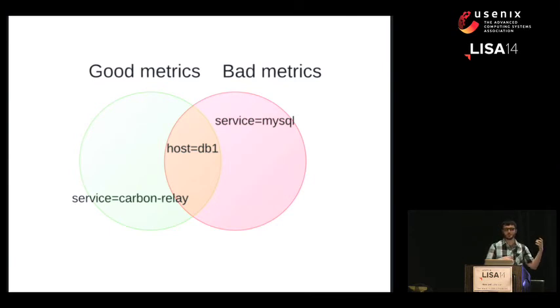They don't really say if it's good or bad, because the same tag occurs in both good and bad. But the tag on the right, service equals MySQL, is probably an indicator that it's very closely related to what the actual problem is. So this way, you could also get a little bit more insight at a glance into what's going on in your infrastructure in case of problems.